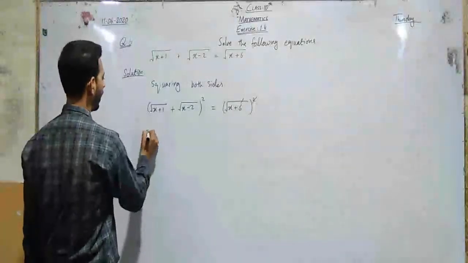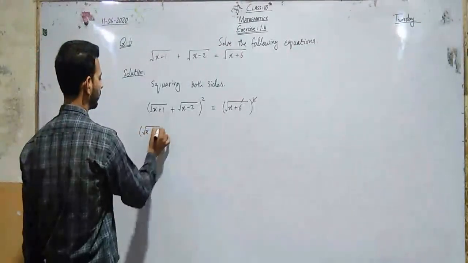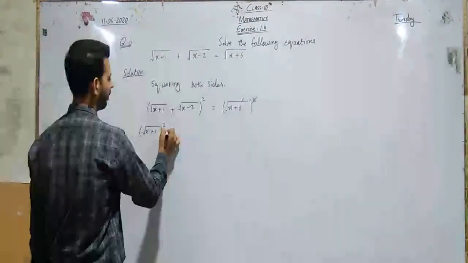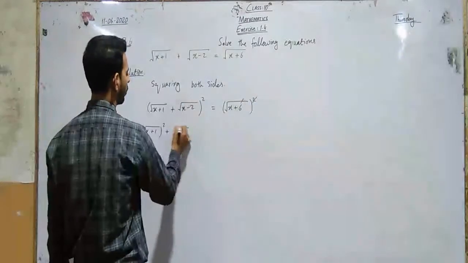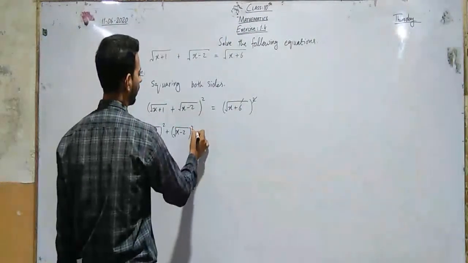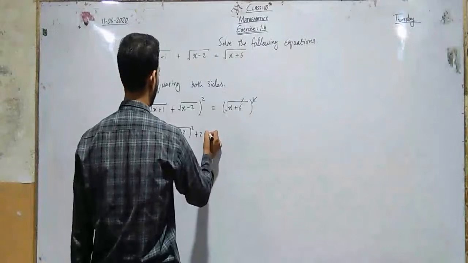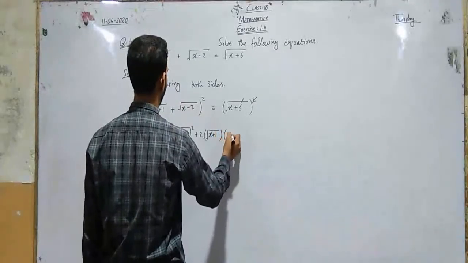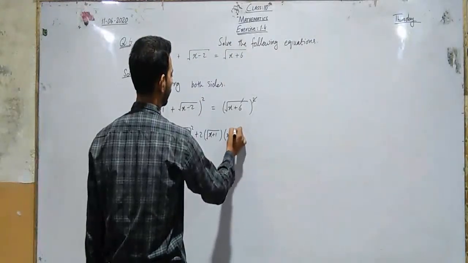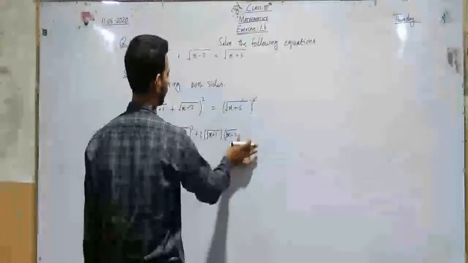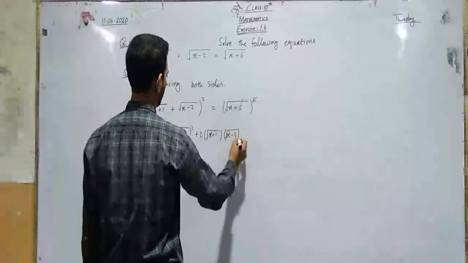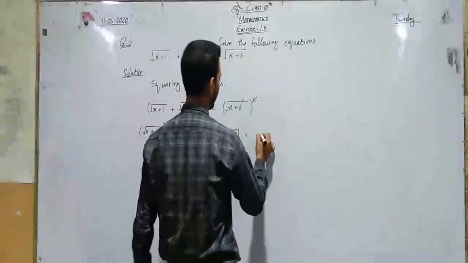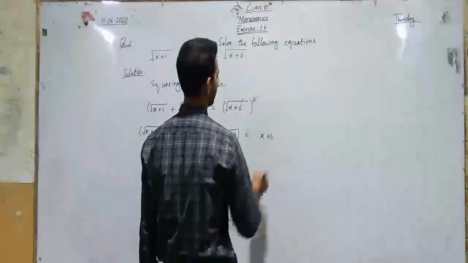That is x plus 1, whole square, plus x minus 2 square root and square, plus 2 into square root of x plus 1 into square root of x minus 2, equals, here we have x plus 6.